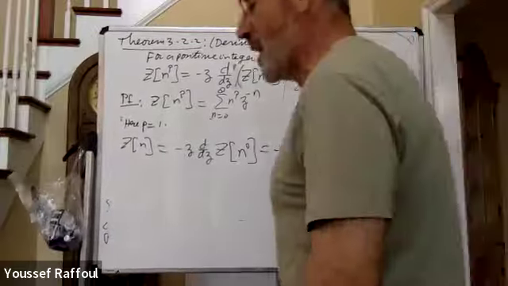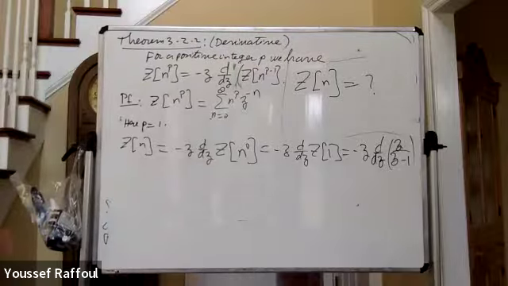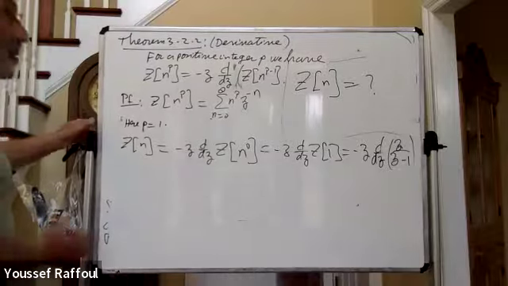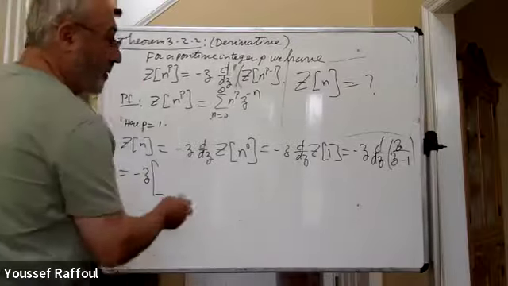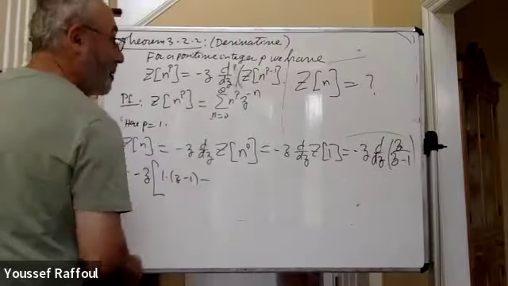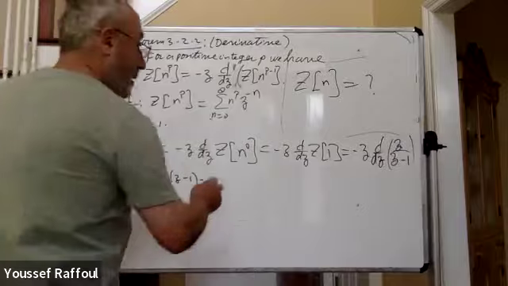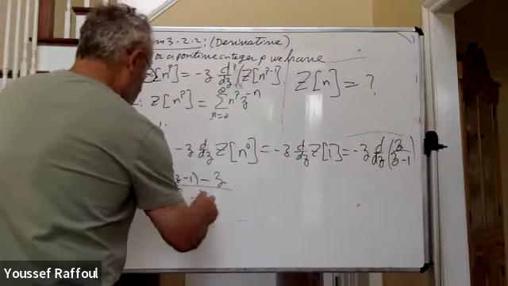You take the derivative of that. So this is equal to minus z times the derivative of the top, which is 1, times z minus 1, minus z, over (z minus 1) squared.